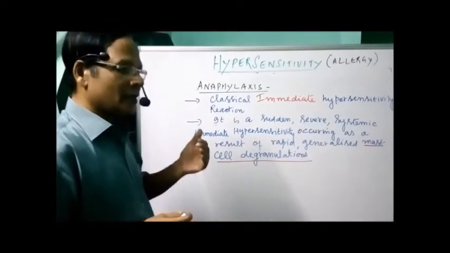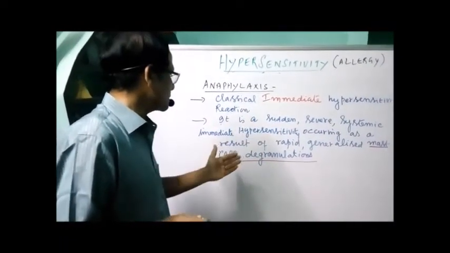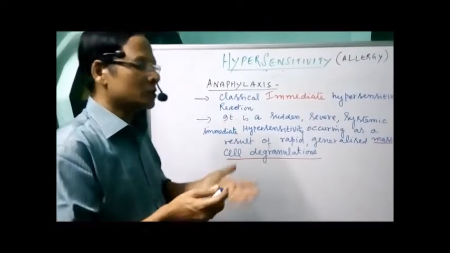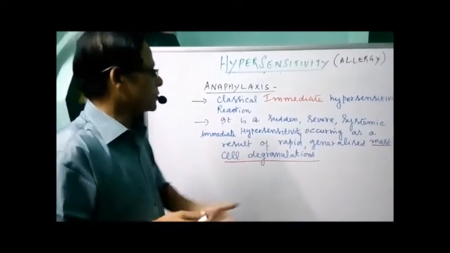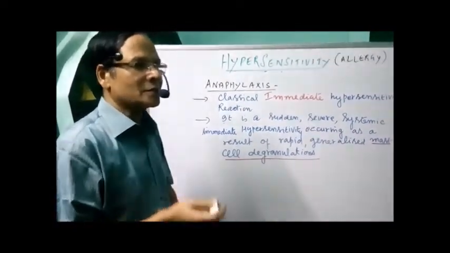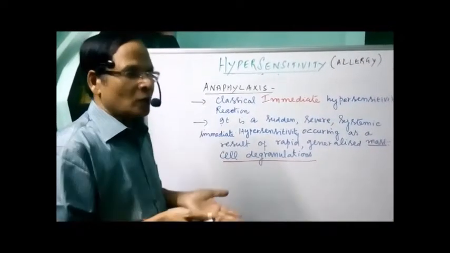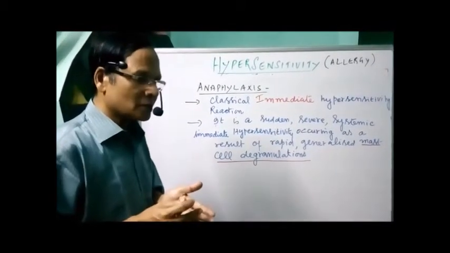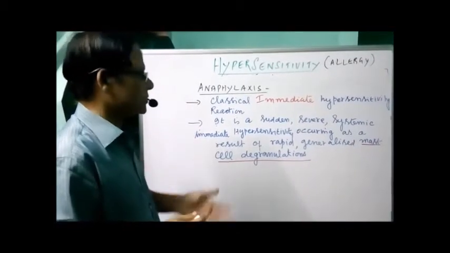When antigen enters the body, it causes generalized mast cell degranulation. That affects the whole body. That's why it's called systemic disease. Systemic means whole body. Generalized means almost all the mast cells. So generalized disease is also called systemic disease, and that is called anaphylaxis.